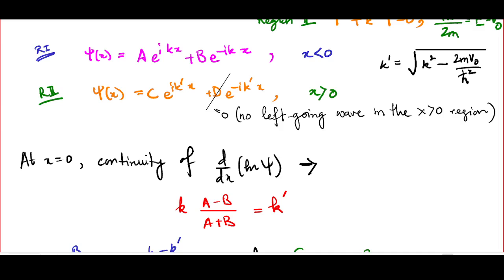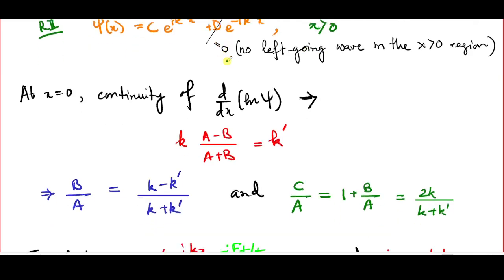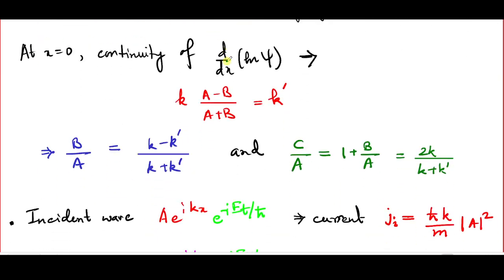Now for an interpretation of these results. The wave in region 1, a e^(ikx) plus b e^(-ikx), can be directly thought of as a sum of two terms, an incident wave and a reflected wave. The incident wave is simply a e^(ikx), where we have multiplied it with the time-dependent factor e^(-iEt/h cross).